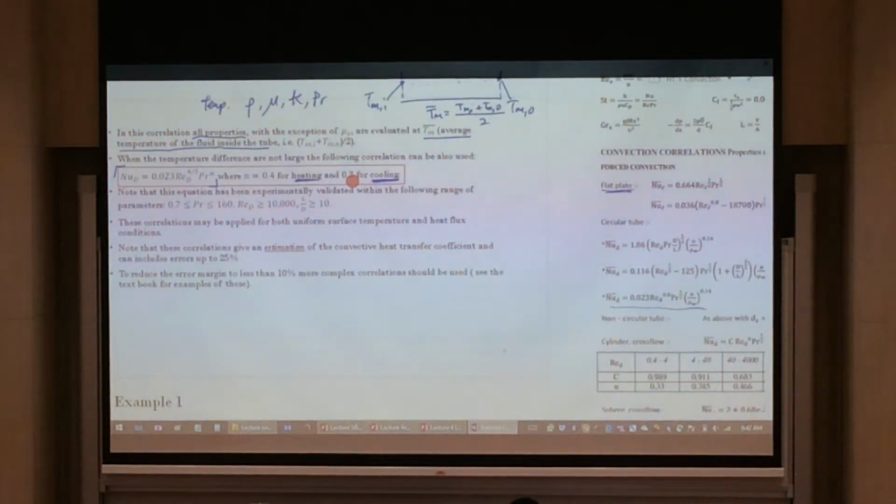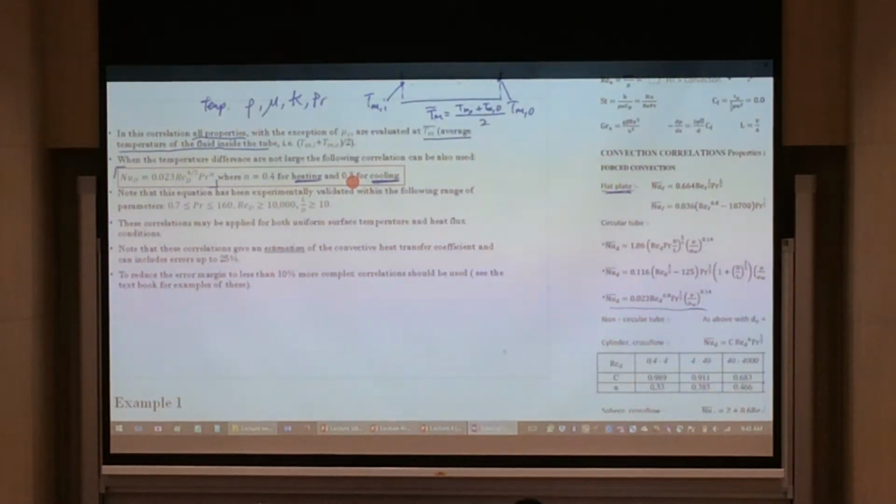So many different configurations. What I want to do now is just highlight these different configurations, and later on we'll have an example to see how we can use that. You will see that there's another term here, your viscosity divided by the viscosity at the wall. This W stands for wall, but in your set of notes, it is said as surface. The surface of the pipe and the wall of the pipe mean the same thing.